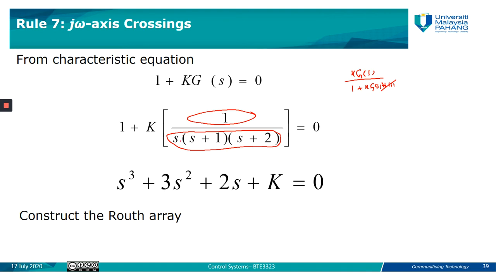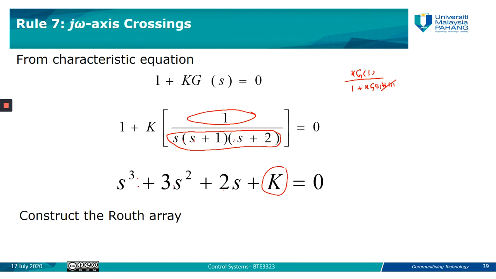When we expand this, s times s square gives s cubic, s times s square times 2 gives 2s square, s times s square times 3 gives 3s square, 1 times s, 2 times s, we have 2s here, and the value of k, the gain, will be added to the Routh table. To be more clear about this, you can refer to chapter 4 where we wrote the characteristic equation for the closed loop transfer function.